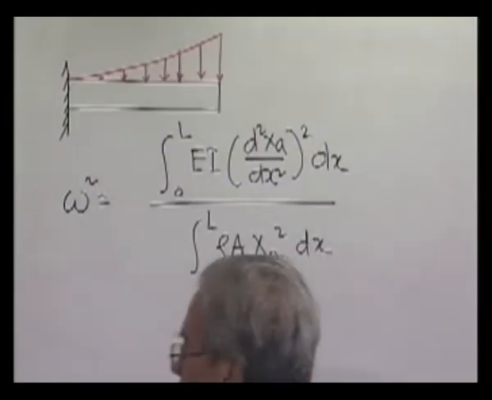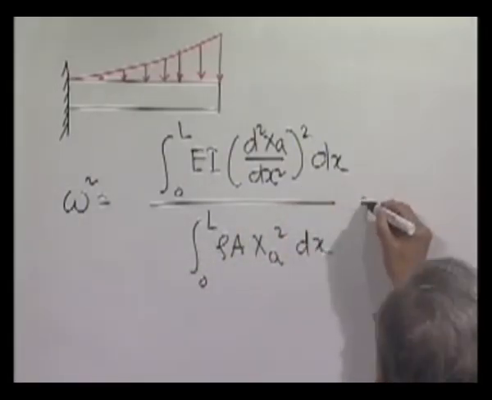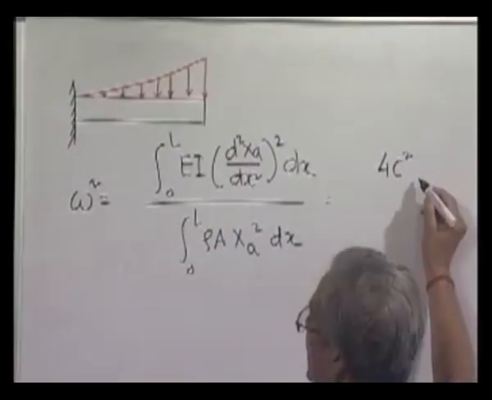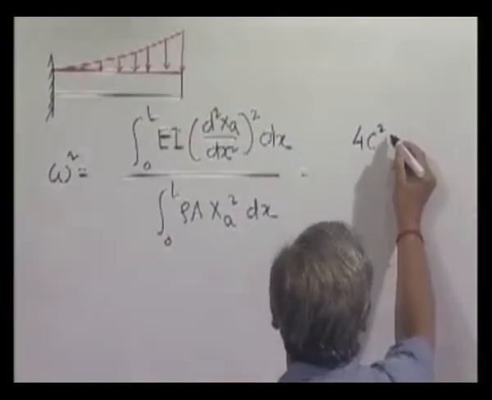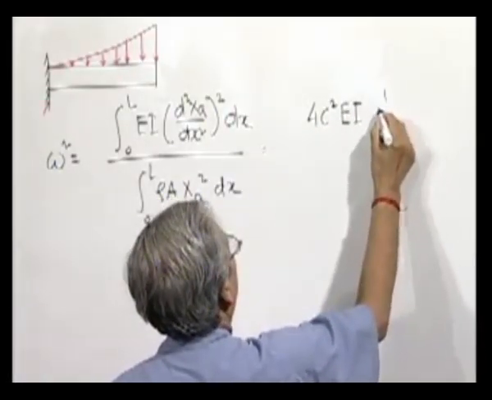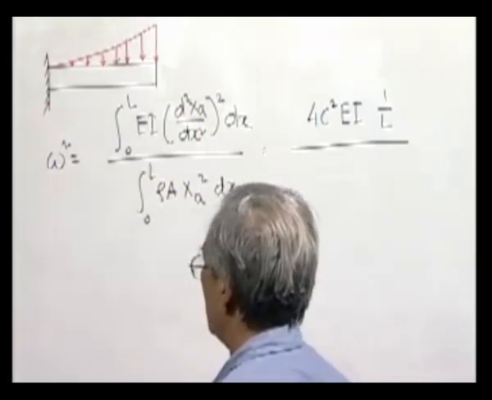Now we know d²x/dx² is 2c. So this will be simply 4c² into EI dx, that is 1 by L, that is the numerator. And what will be the denominator?